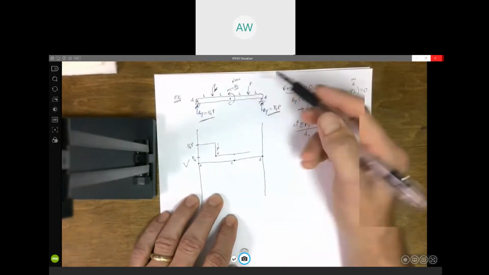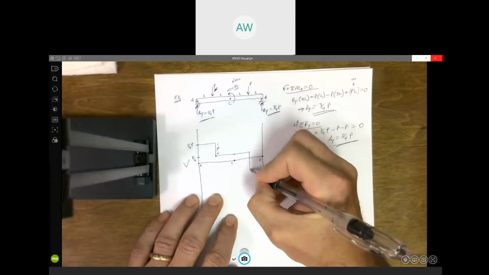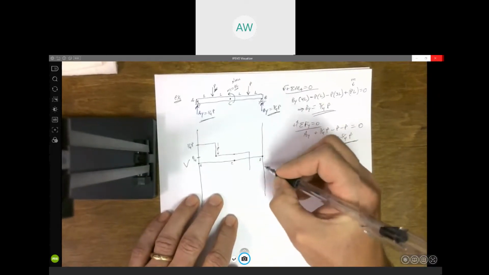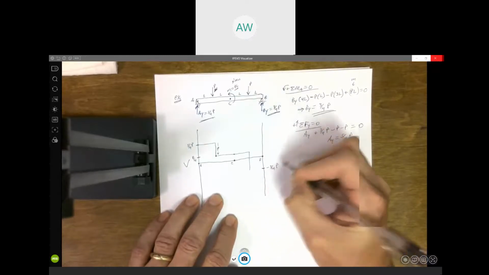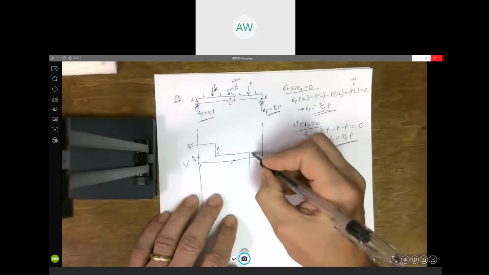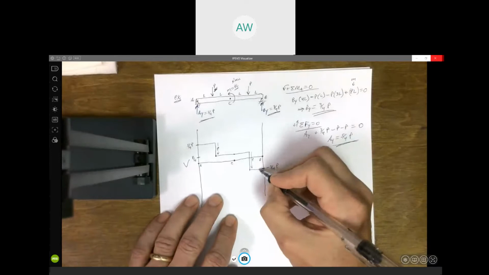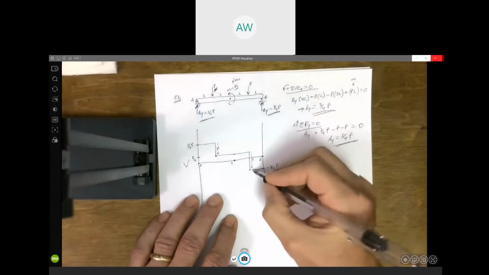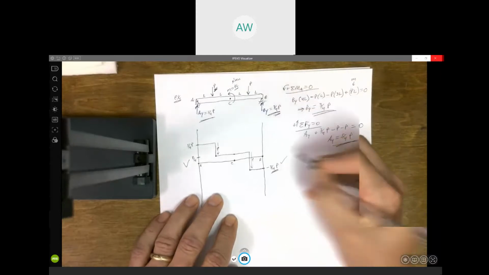When we get here, we go down P. So if I'm at 1/4 P, I go down P, that's going to put me at -3/4 P. Right? And again, it doesn't change till the loading changes. We go straight across. That checks.